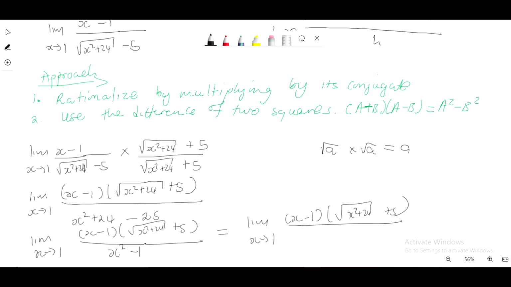If I factorize the bottom part, I'm going to get x plus 1 times x minus 1, the difference of two squares. So now x minus 1 will cancel x minus 1. What am I left with?